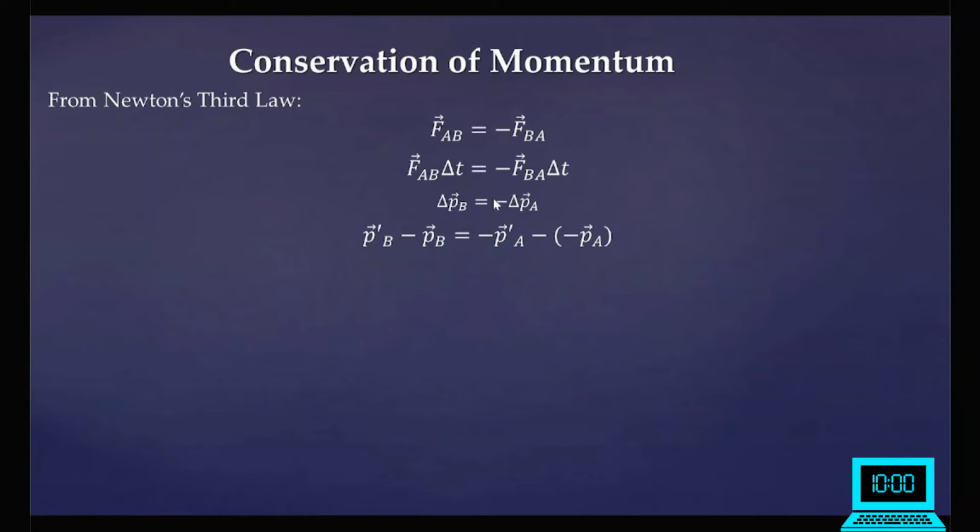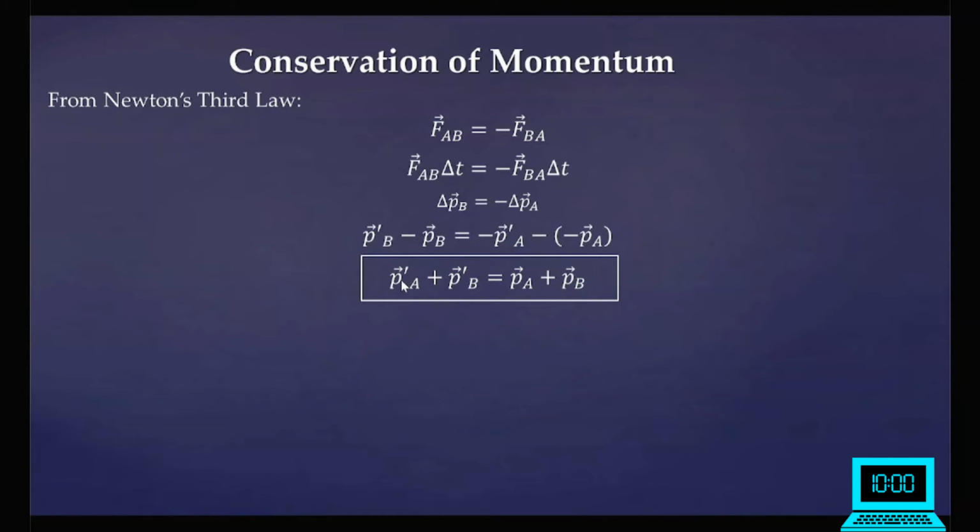So if I take that negative out front, and have a bracket, and then I multiply that bracket through, I'm going to have negative the final momentum of A. I'm going to subtract, but I'm going to multiply a negative to the initial momentum of A, so I'm going to have a plus initial momentum of A, and I'm going to bring this negative over. This is the momentum of B.